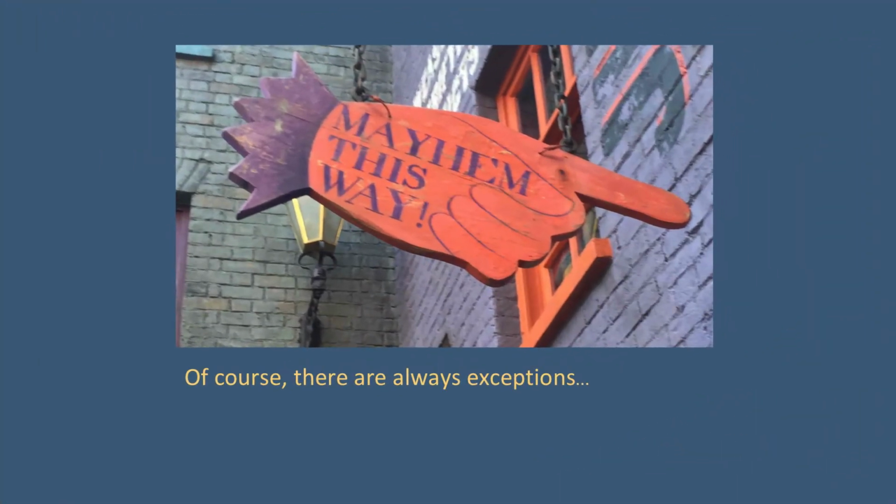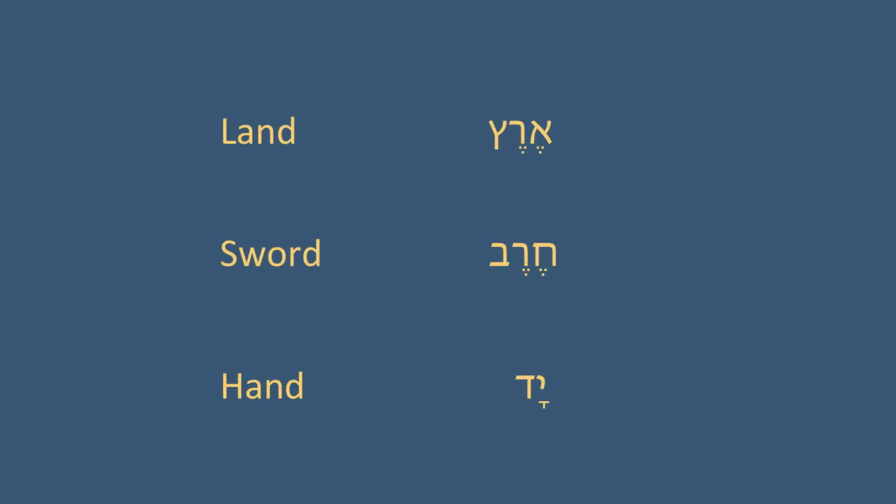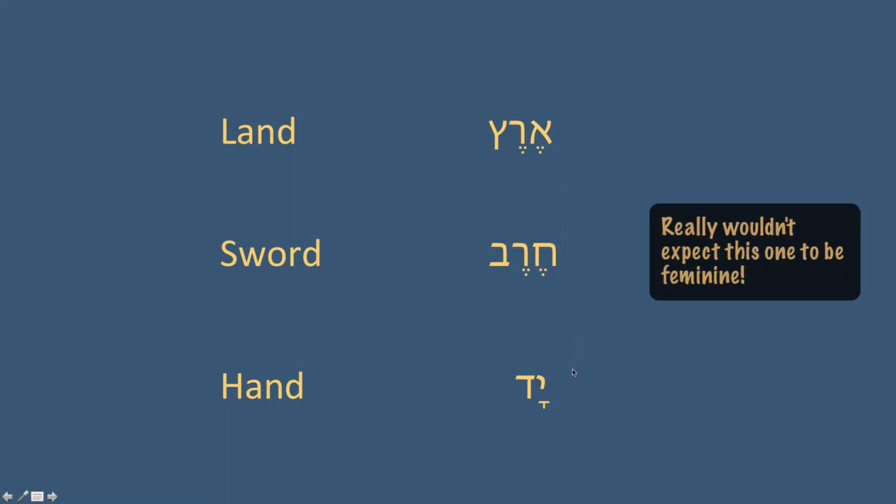Now, of course, there are always exceptions to the rules, but the good news in this case is that there aren't many exceptions. And so we have words here like eretz, which means land, cherev, meaning sword, and yad, meaning hand.